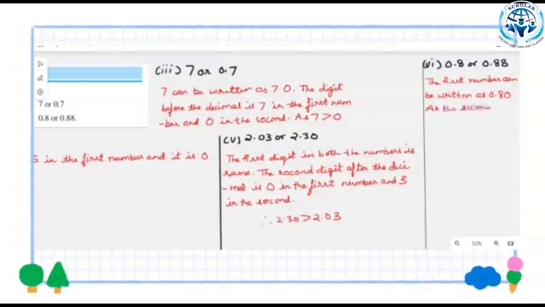Now, the second digit after decimal in the first number is 0, because nothing is written, we can write 0. The second digit after decimal in the second number is 8. Now 8 is greater than 0. So 0.88 is greater than 0.8. Understood?